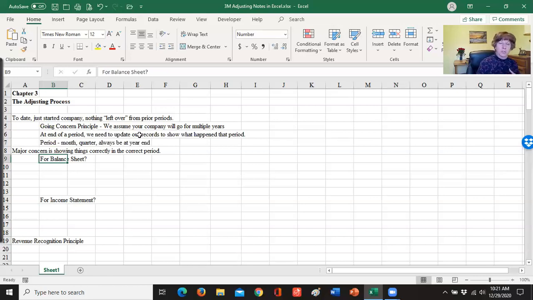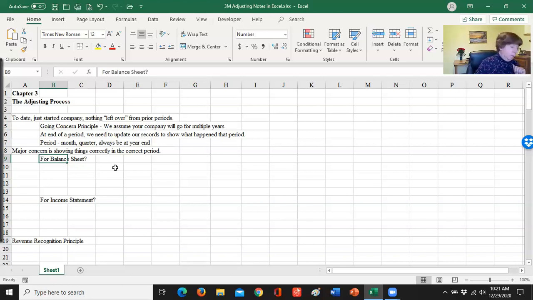Some people do adjusting journal entries at the end of every month, so they know what happened in January versus February. A lot of companies will do it quarterly, so they can kind of compare this quarter to last quarter. But always, all companies have to do adjusting entries at the end of the year to make sure 2020 is different from 2021. We always need to know what we did in a particular year.